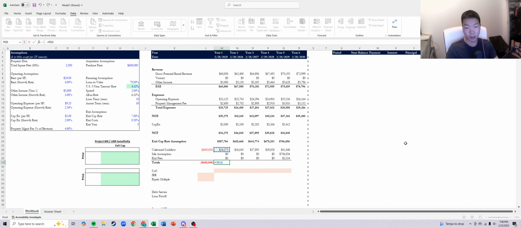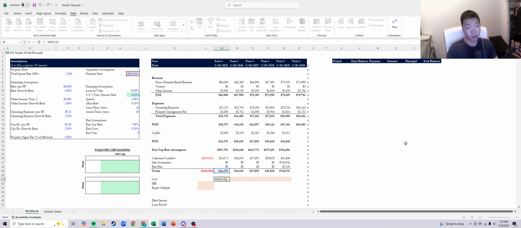So total, this is simply our initial outflow. This is our unlevered cash flow plus however much we make at sale minus the fees, right? Okay, now let's calculate our cash on cash return. So it would be our total cash flow divided by our equity check, which is here.